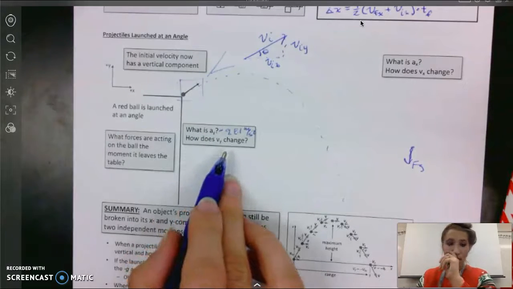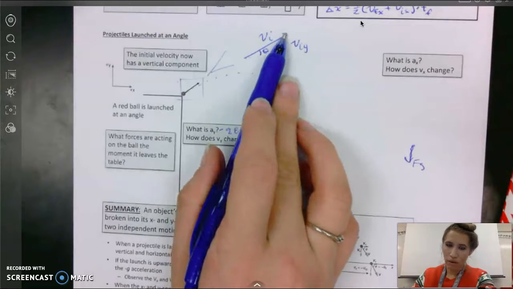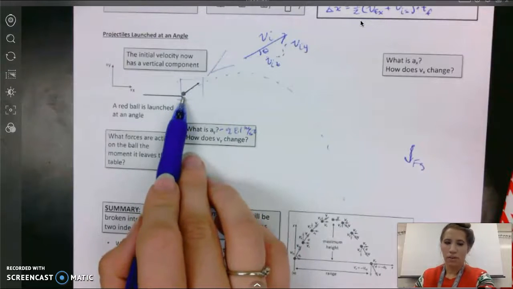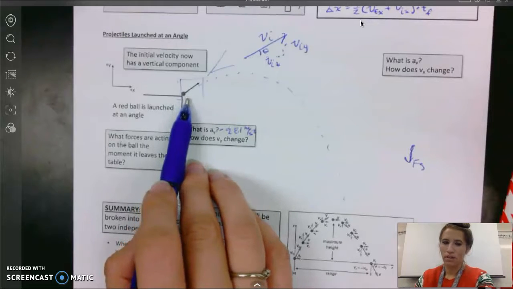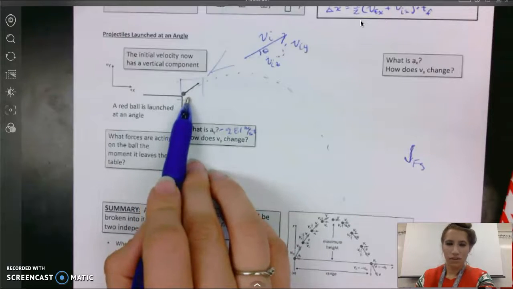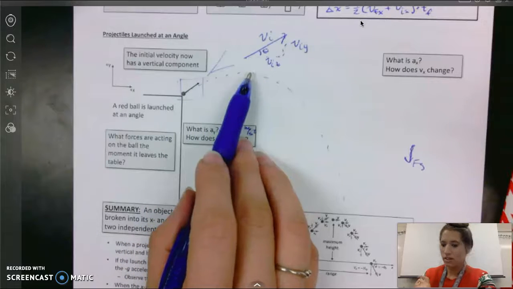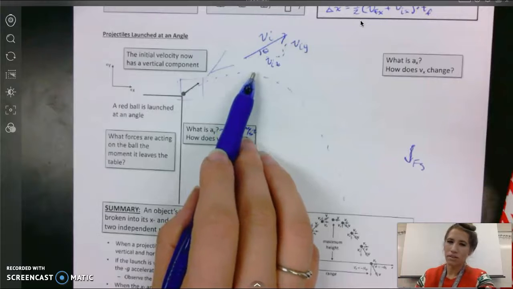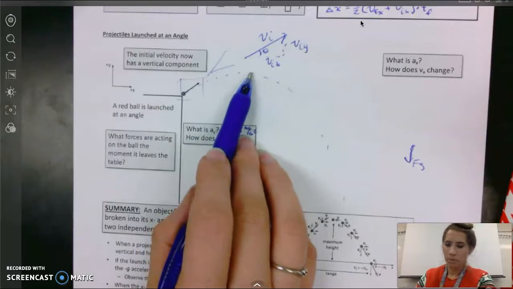How does the velocity change in the y? For the first part, we have a positive velocity but a negative acceleration. So in the y direction, we start with some velocity, we slow down, we slow down, and we get to a point for the briefest of moments where we stop, and that's the apex, the very top of that parabola.